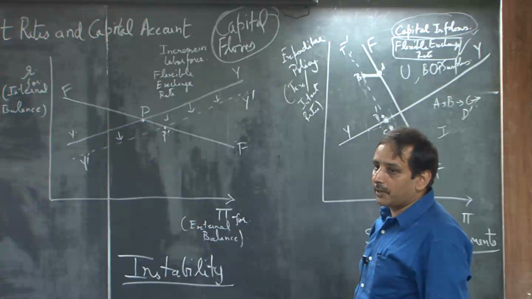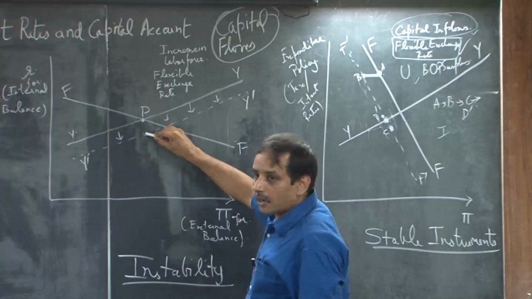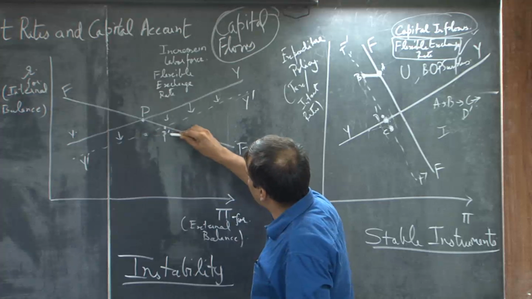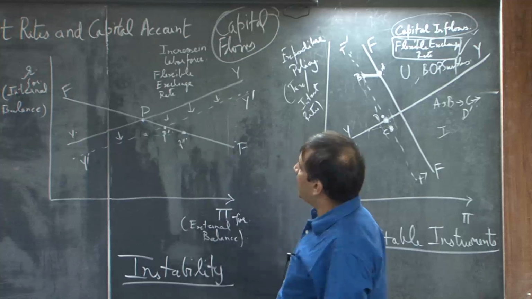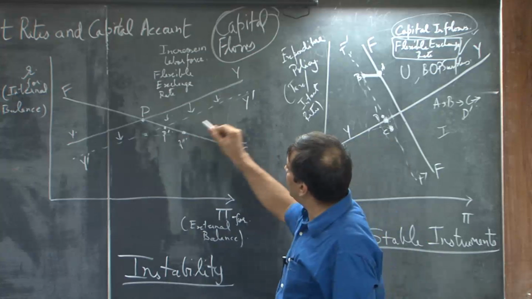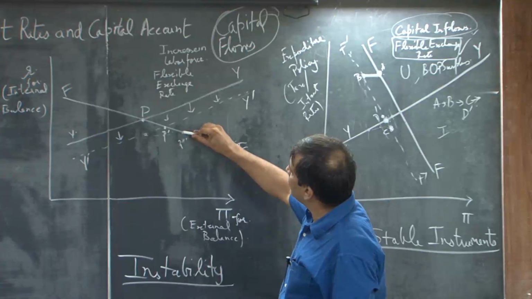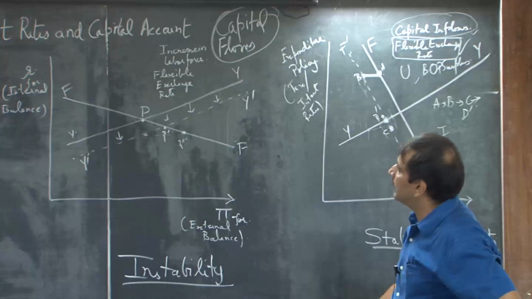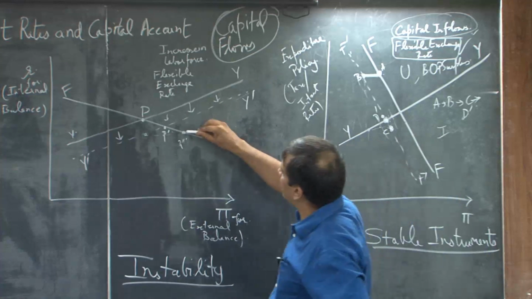So when you have unemployment in the economy, you adopt less restrictive expenditure policies. You should come here, but because it's a flexible exchange rate, you do not come here, you come to a corresponding point which is, say, P double dash. P double dash is a point which is below Y dash. So you have inflationary conditions. If you have to achieve the internal balance, you adopt more restrictive expenditure policy.